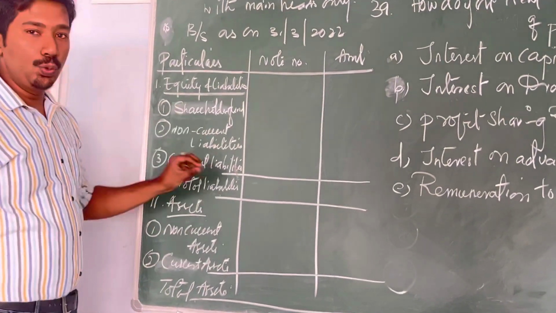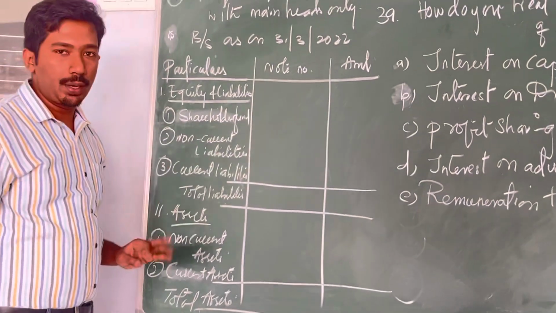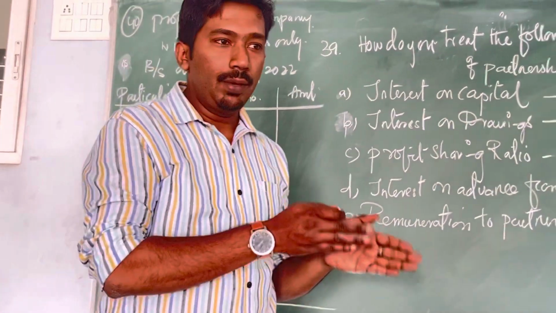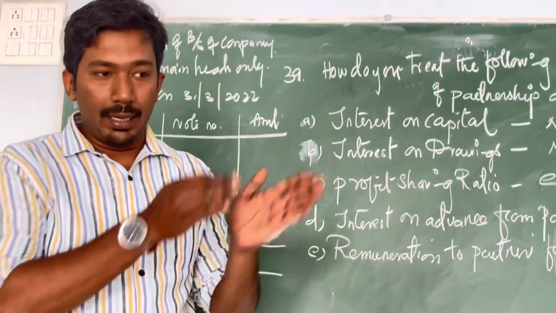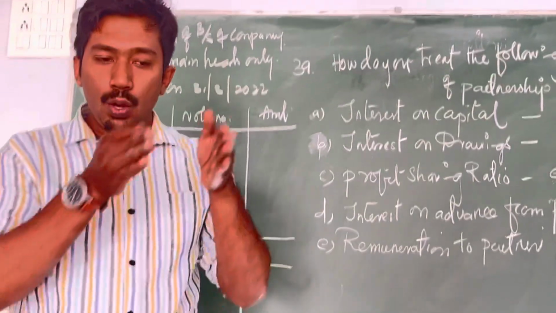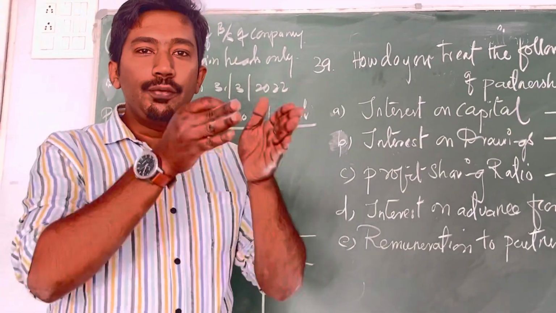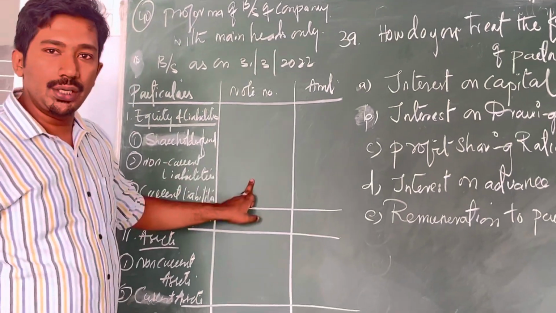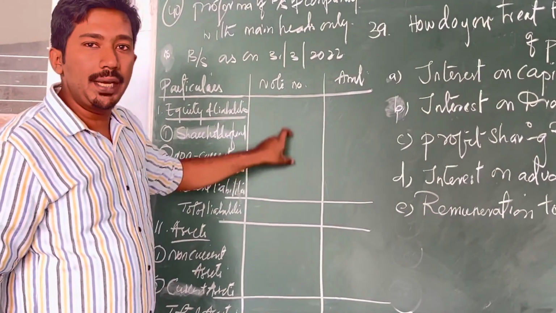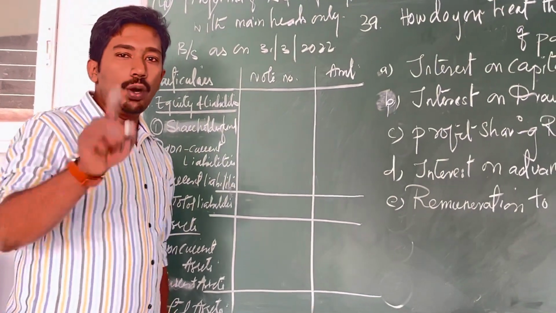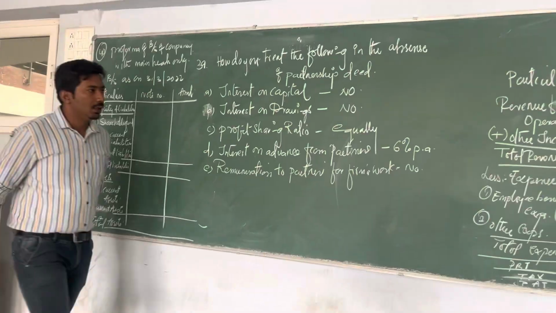That schedule number will be written as the note number. Whereas in a partnership's balance sheet, we have particulars, liability, amount, asset, amount, and an inner column where we do calculation. But in a company's accounts we don't do calculation here; we write a note number, a schedule number, because we prepare a separate schedule for all the workings.